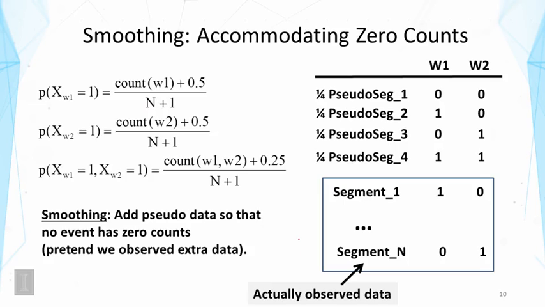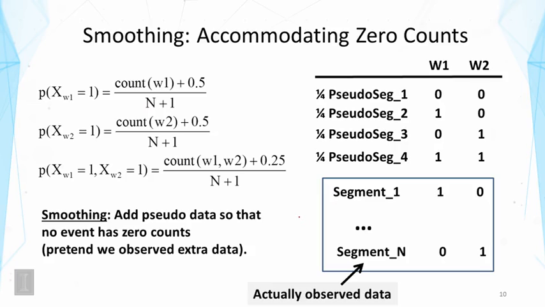In particular, we introduced 4 pseudo segments. Each is weighted 1/4. These represent the 4 different combinations of occurrences of these words. So now each combination will have at least a non-zero count from these pseudo segments. In the actual segments that we observed, it's okay if we haven't observed all the combinations.